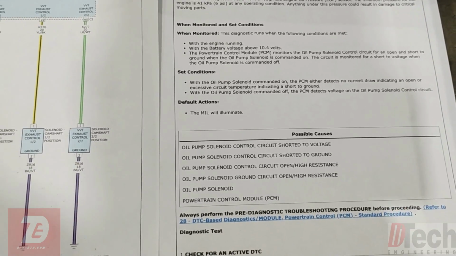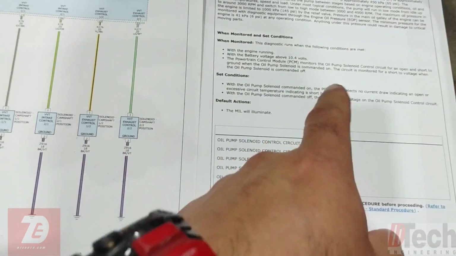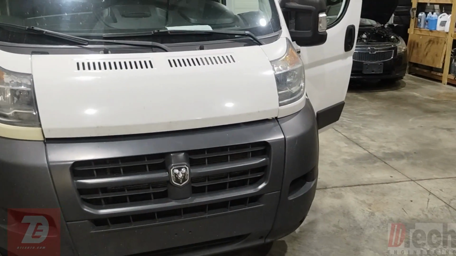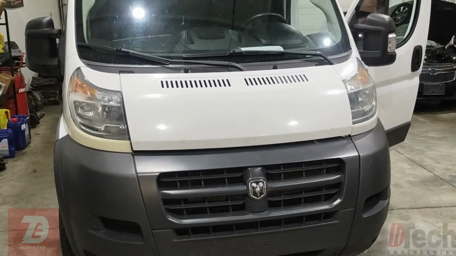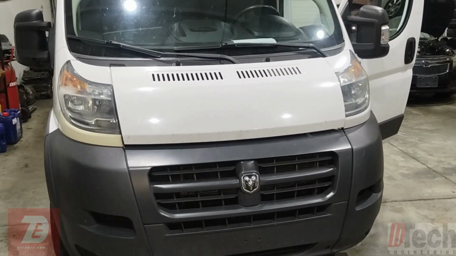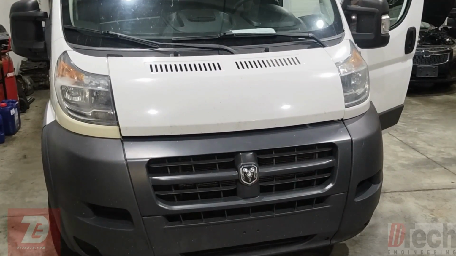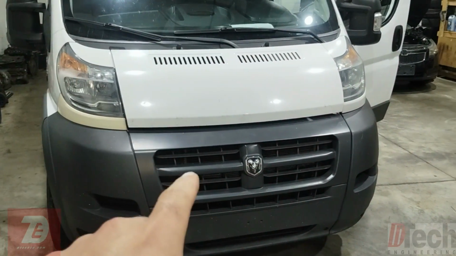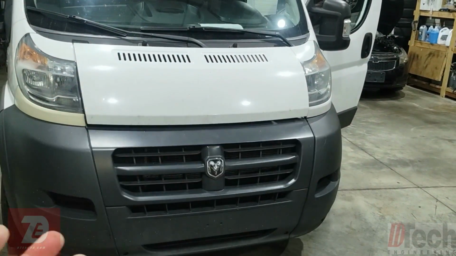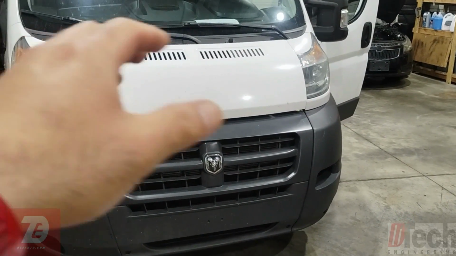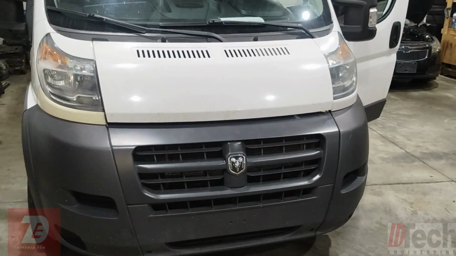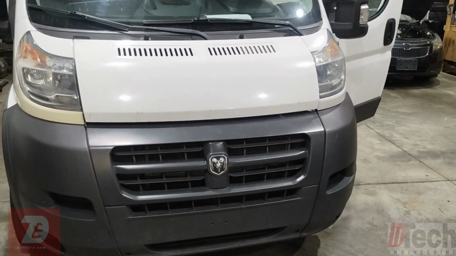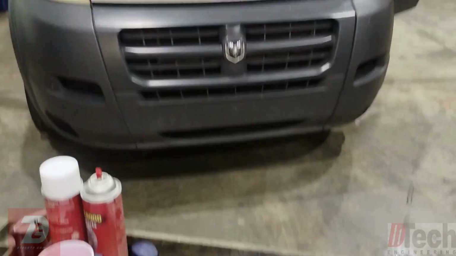The important part, and I'll show you, is that apparently these use what they call a two-stage type of oil pump with a control solenoid that is activated by the engine computer. It'll create low pressure and then high pressure based off of the solenoid activation, all based off of what the computer is demanding.